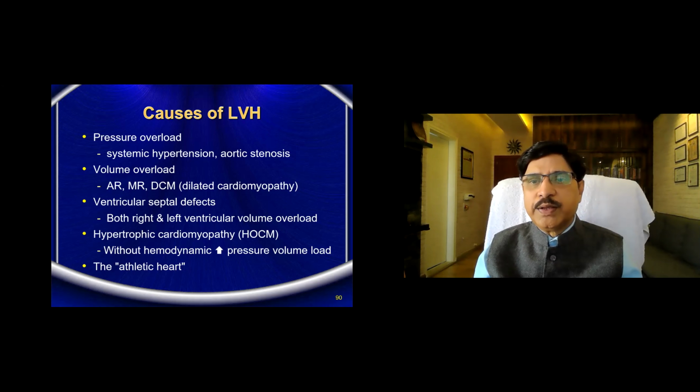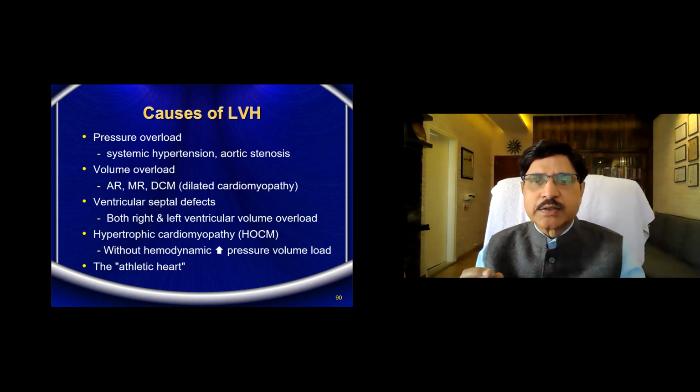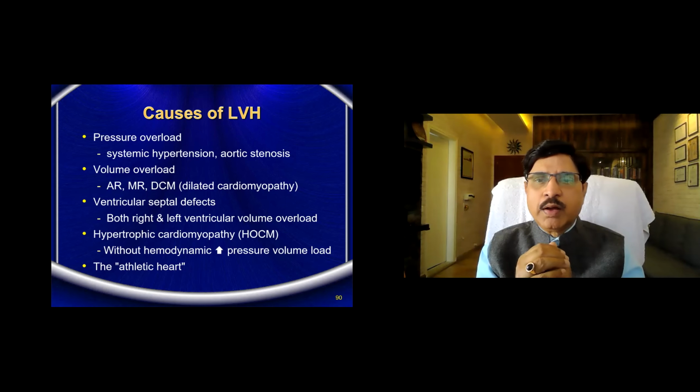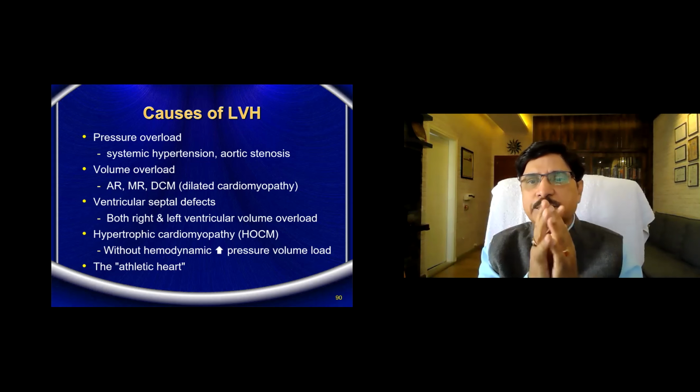Volume overload means not much thickness of the muscle. There is some thickness of the muscle, but more, the chamber has become more dilated. Commonest are aortic regurgitation, blood coming back, so to accommodate it the ventricle dilates. MR, the jet is coming down, either from the mitral valve or from the aortic valve, or dilated cardiomyopathy.